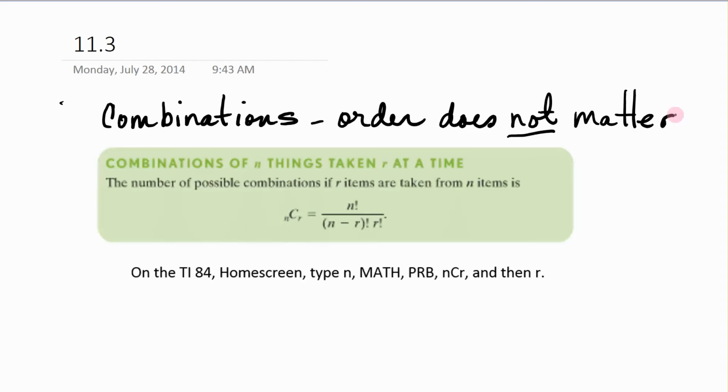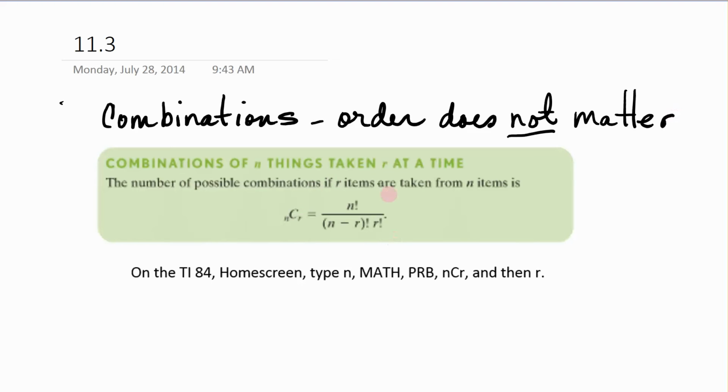If instead you are going to choose 3 people from the group of 5 to be on a committee, just 3 members of a committee, it wouldn't matter if you were chosen first, second, or third because you would still just be a committee member. So that's the difference between permutations and combinations.